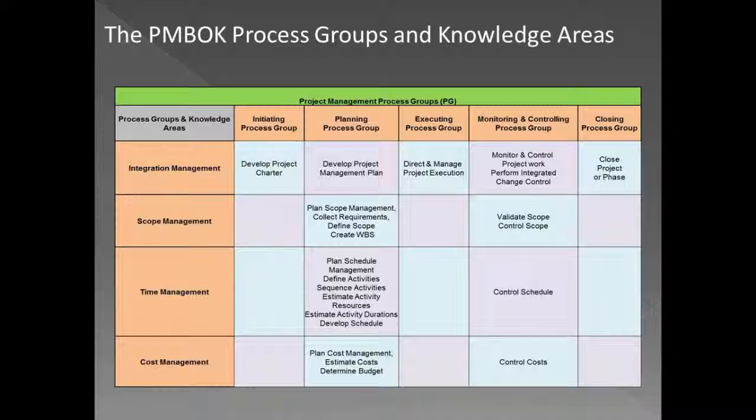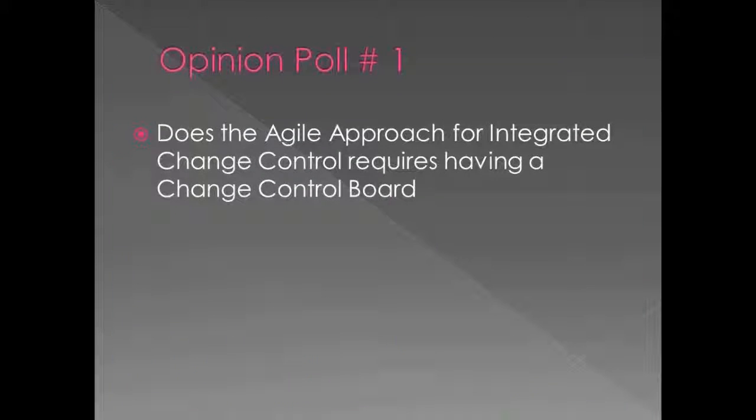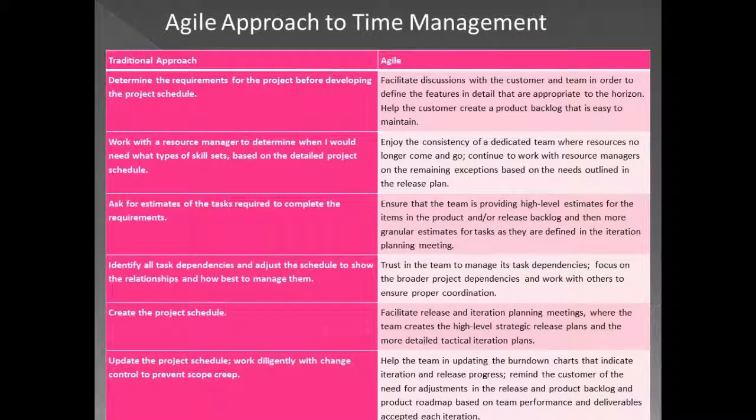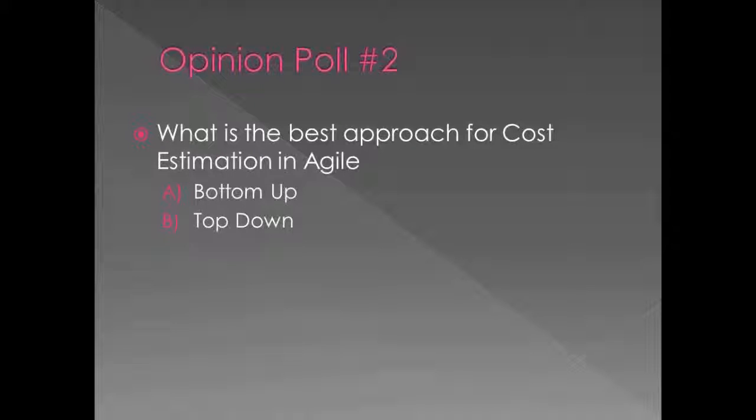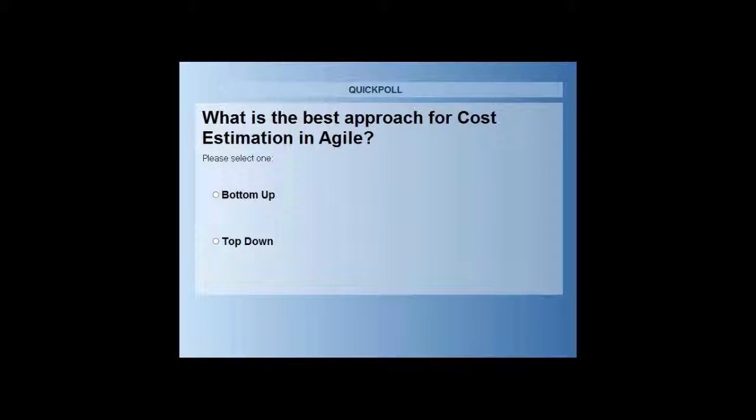As far as cost estimation is concerned, it can be performed using two different approaches. So I will start with a small poll question here. We have two options. What is the best approach for cost estimation in Agile? We will take a small poll, and then we will discuss why we use the specific approach.